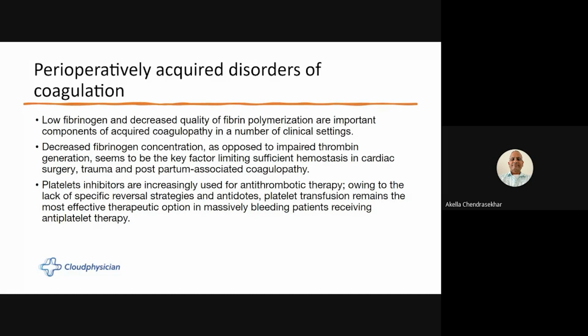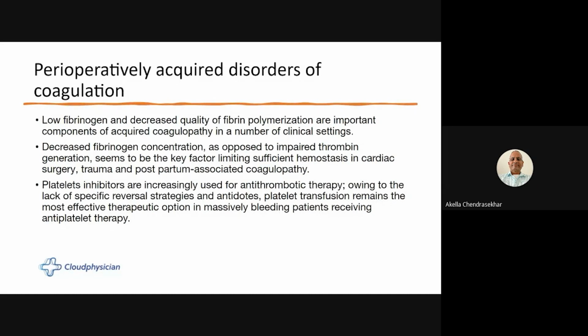Perioperative issues, right? Low fibrinogen levels. Now, this was a recent amount of data that's come up over the last 5 years, and this was out of both the UK and the United States. What they did was they looked at fibrinogen levels that were moderately low. And in these patients, they looked at thromboelastograms.